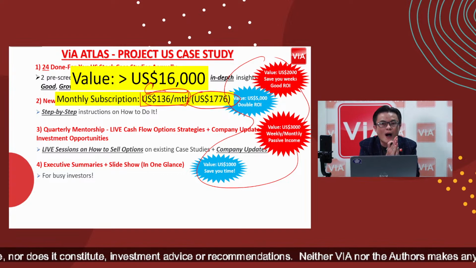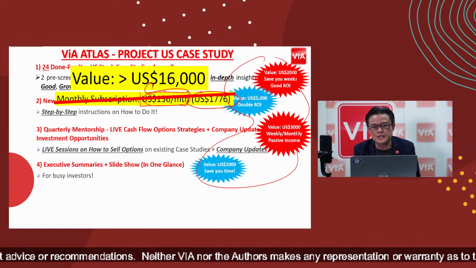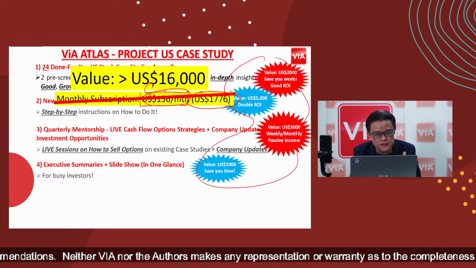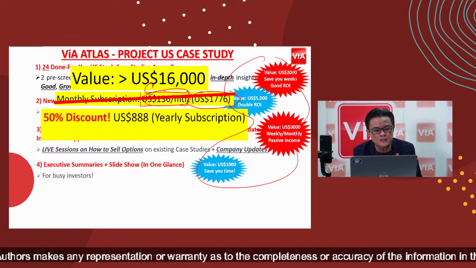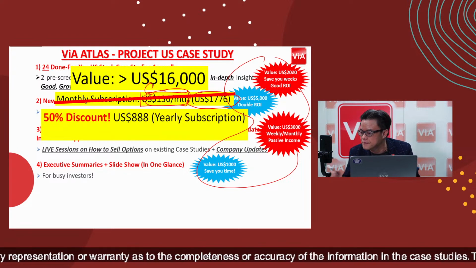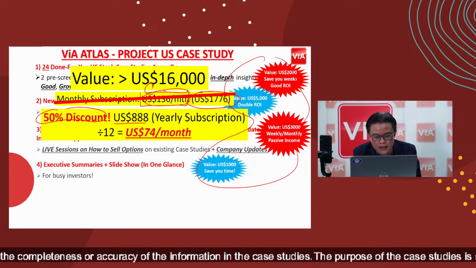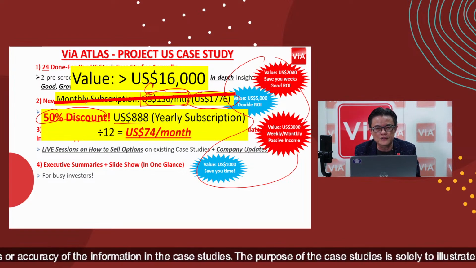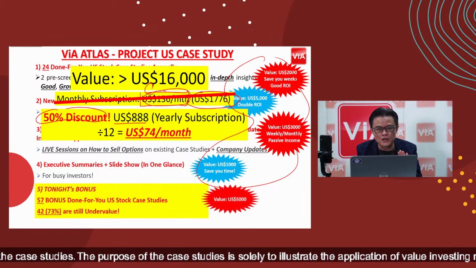This is for 1 year moving forward. Now, if you join us today, we're going to give it a 50% discount. So instead of 1776, you can have access to the combined intelligence for just a mere 888, with a 50% discount. And if I divide by 12, it's only $74, because you can make a couple of $100 from the information that you have.